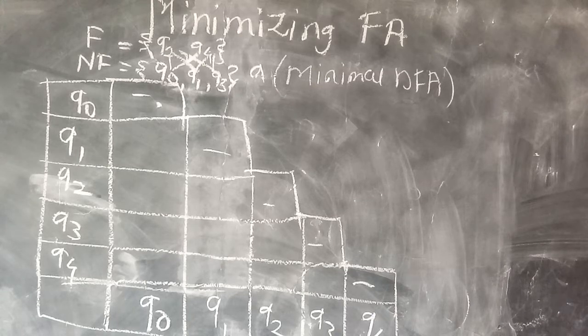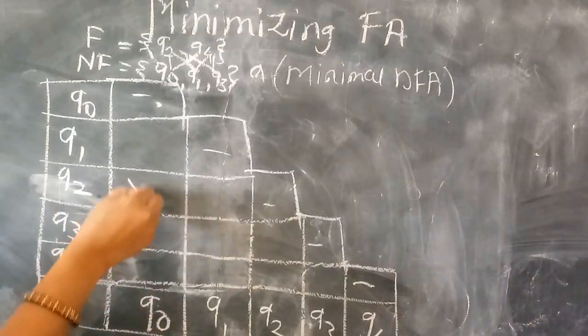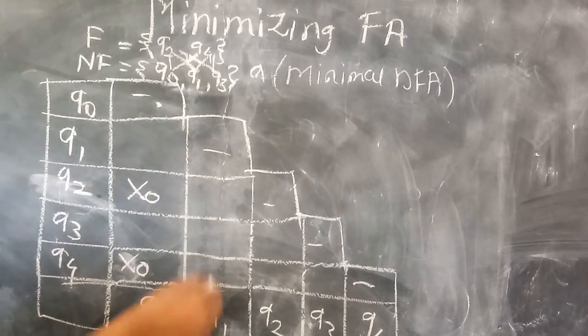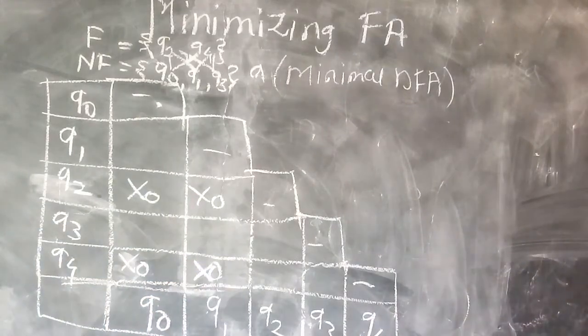That is, the pairs Q0 Q2 and Q0 Q4, again Q1 Q2 and Q1 Q4 have distance 0, that is the X0.